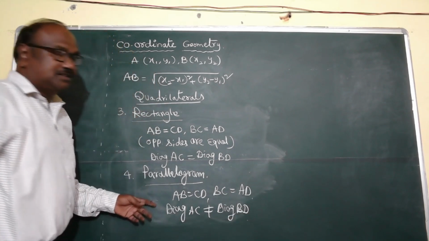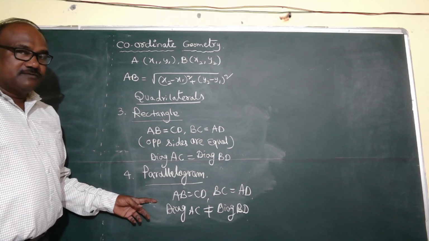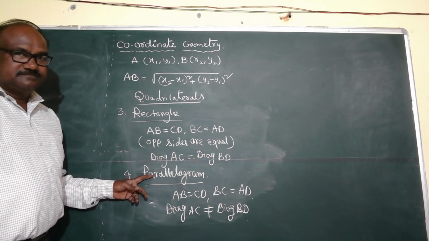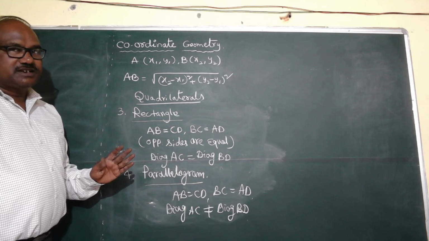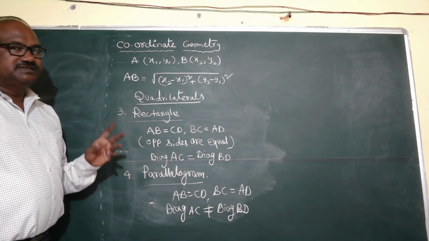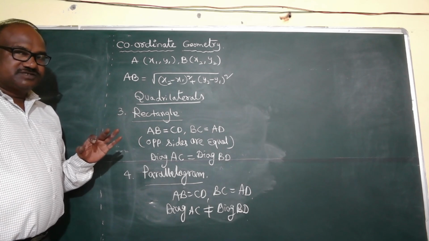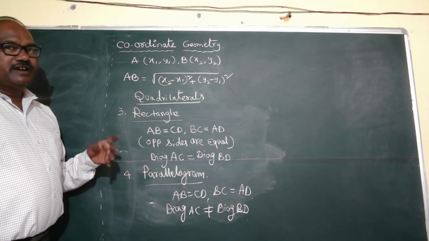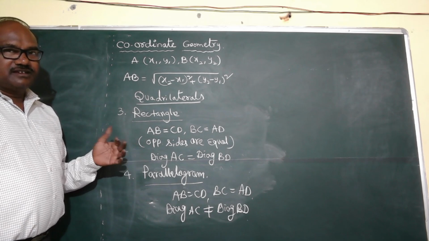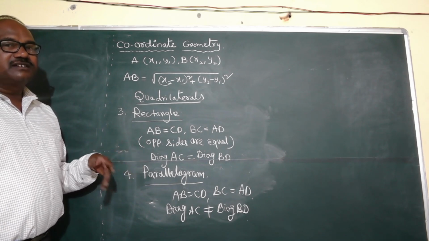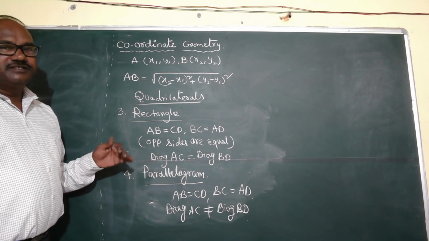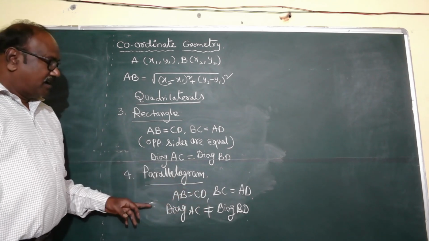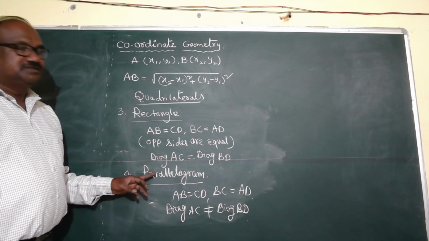Then we can accept that given 4 points form a parallelogram. So once again, if all the 4 sides are equal and diagonals are equal, it is a square. All the 4 sides equal, diagonals not equal, it is a rhombus. Third one is rectangle: opposite sides equal, diagonals also equal. Fourth one, parallelogram: opposite sides equal and diagonals not equal.